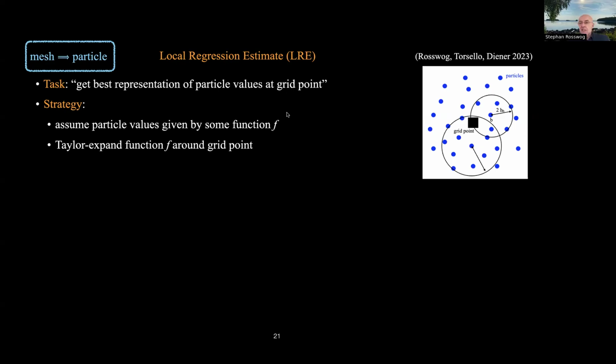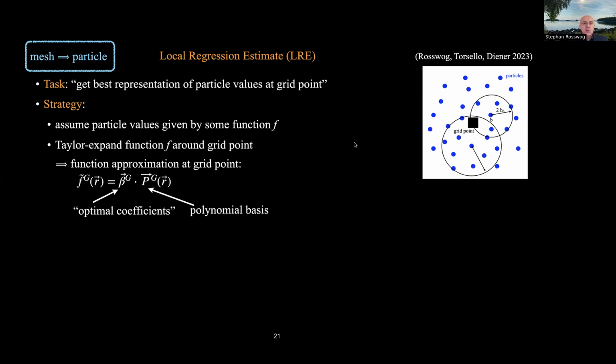And the strategy here is that you then just say, well, let's assume all the particles here are given by some function. And then you do a Taylor expansion around this grid point here. If you do this and write down the Taylor expansion explicitly, one part of the Taylor expansion looks like a polynomial basis. So these are the terms delta x times delta y times delta z or so.